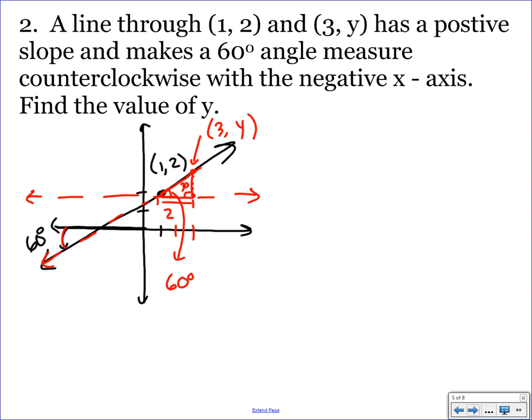So the small leg is 2 units. That means the longer leg is 2 root 3. I know that's not how it looks in my picture. So that means from that y coordinate, which was 2, I go up 2 root 3. So my y coordinate is 2 plus 2 root 3.